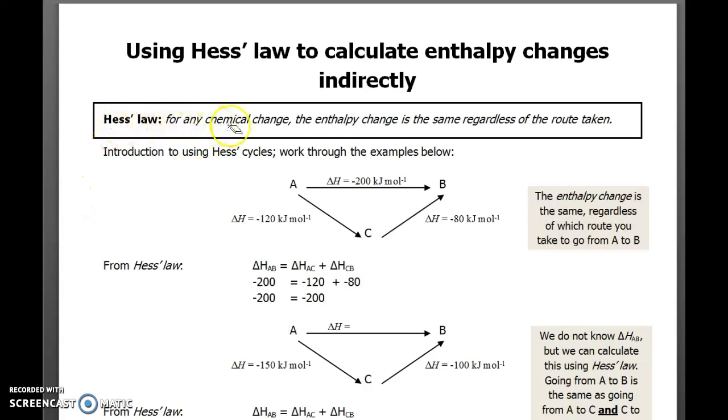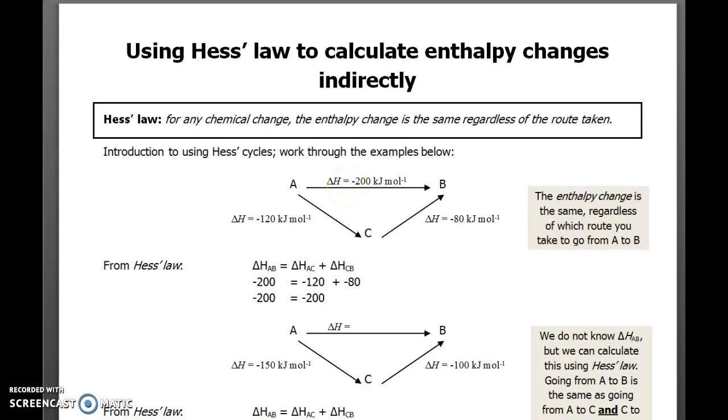And Hess's law states that for any chemical change, the enthalpy change is the same regardless of the route taken. So we're showing this here in this reaction between A and B. The enthalpy change here is minus 200 kilojoules per mole.